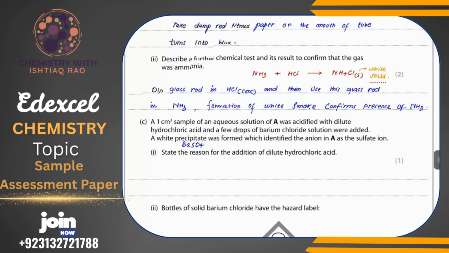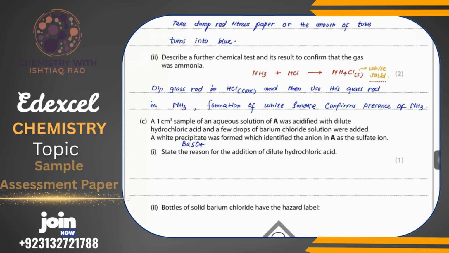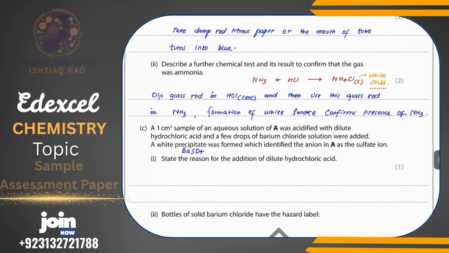Like if there would be any carbonate, because carbonate is also an anion, right? So it can form the precipitate. So how can we remove the carbonate? Because we have learned that any metal carbonate can react with an acid and form salt, carbon dioxide, and water. So in the form of carbon dioxide, it can be removed from that reaction mixture.